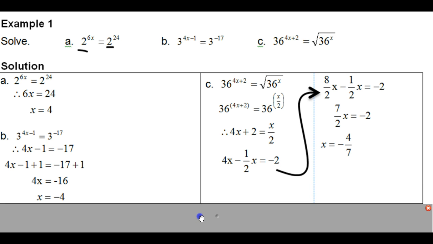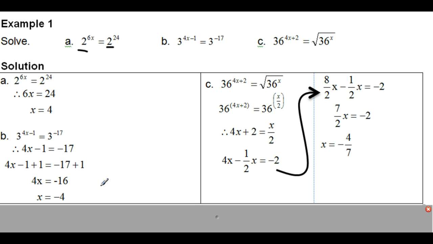Okay, so that's the first thing to look for. If you have that much information where the bases are already identical and two things are otherwise equal, pretty straightforward stuff. This exponent will be equal to this exponent, and then once you state that, you can solve using regular Bedmas type rules. Add 1 to both sides in this case and continue on.